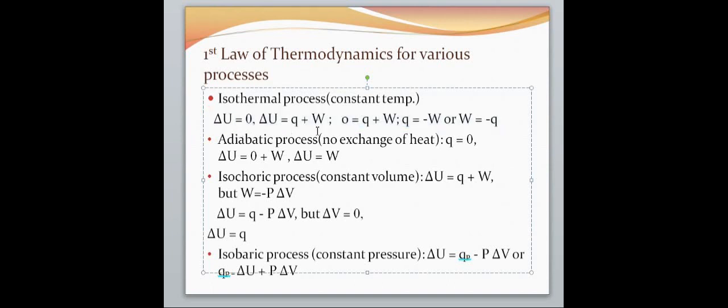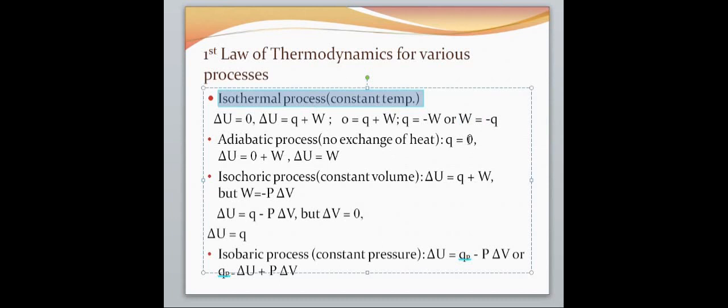So delta U becomes zero, and delta U is equal to Q plus W becomes zero is equal to Q plus W. Can I write down Q is equal to minus W? I can. Or W is equal to minus Q? Definitely I can. So in isothermal process, delta U is equal to Q plus W becomes Q is equal to minus W.